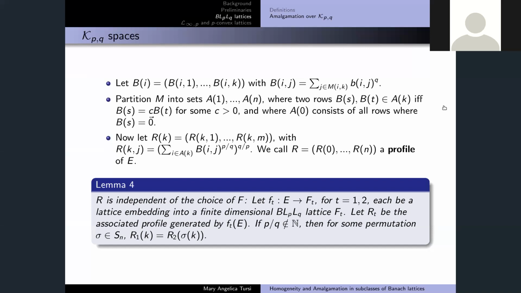We lost you. Yes, it looks like we've lost our speaker. Defense contractors finally got into this conference. We're never going to find out why P over Q can't be a natural number.